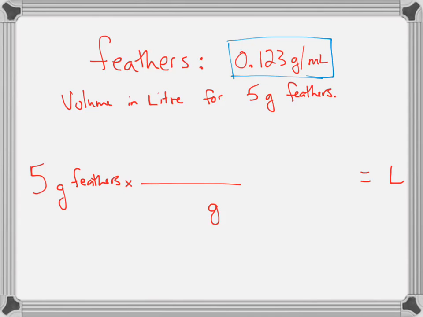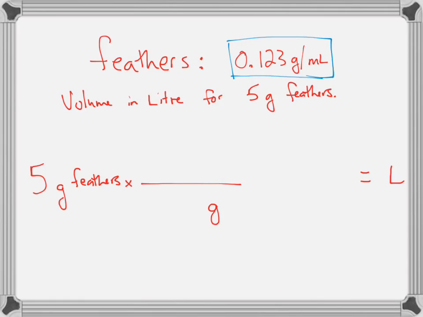So really what I want is a relationship between grams and liters. Do I have a relationship between grams and liters? No. So now I can choose whatever I want to do here. If I want to start to convert liters into milliliters, or continue with my gram tangent. For me personally, I want to get rid of that gram unit.